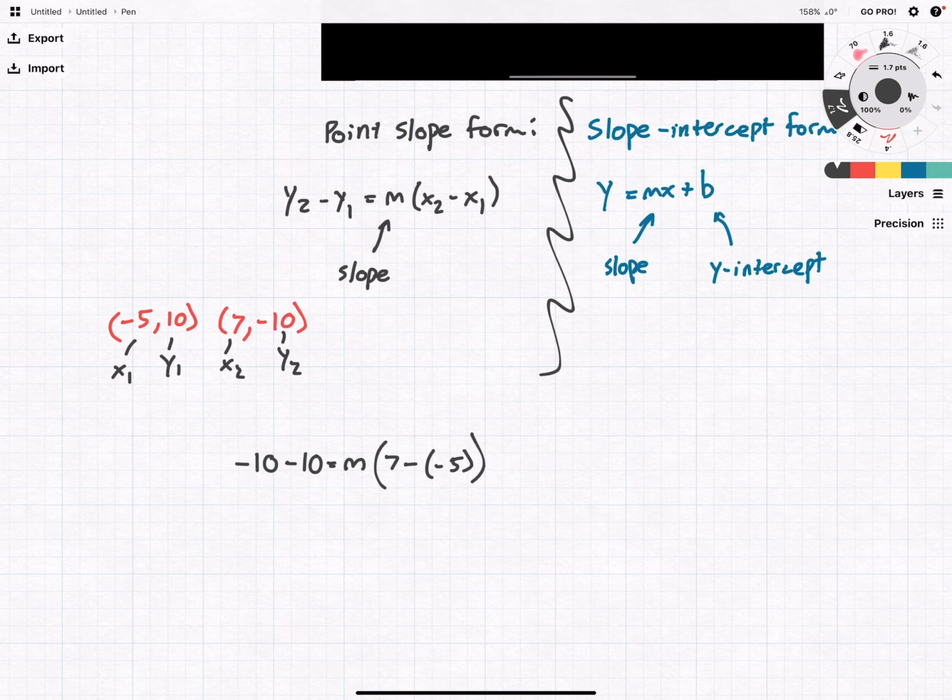Okay, so -10 minus 10, that's -20, equals m times, well, 7 minus -5, right? That's plus 5. So that's going to be equal to 12. So we have -20 equals 12m. We'll go ahead and divide both sides by 12.